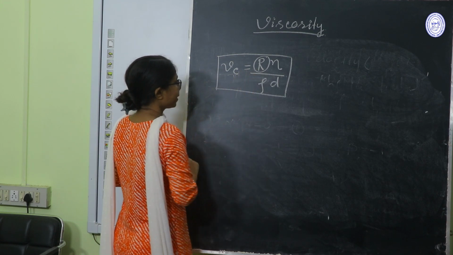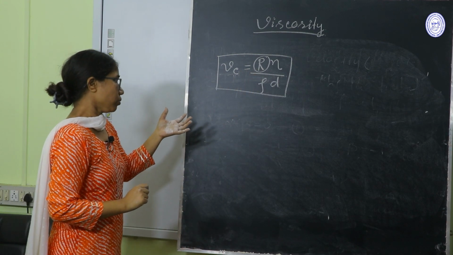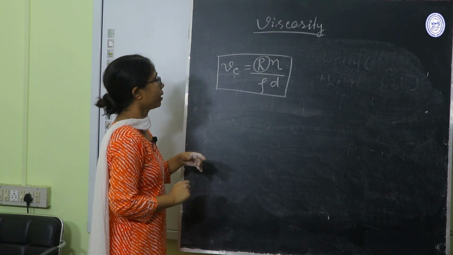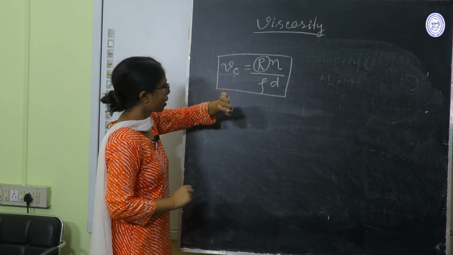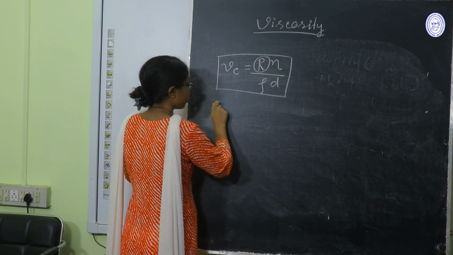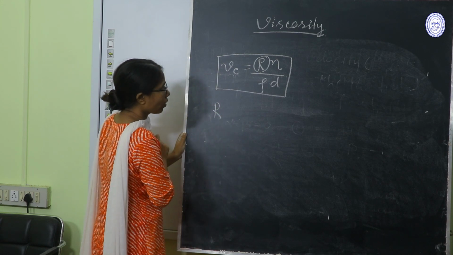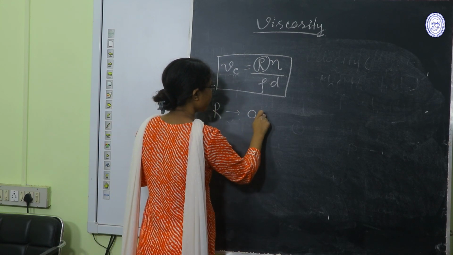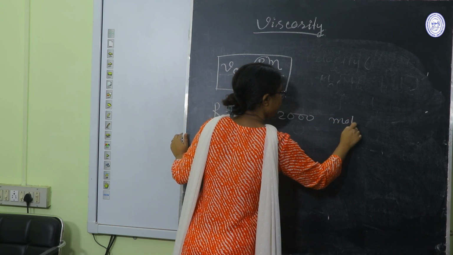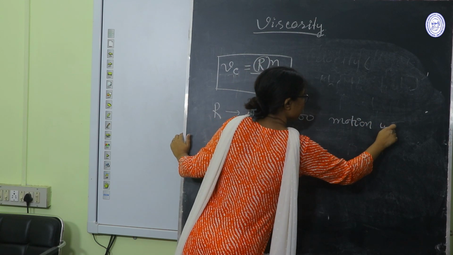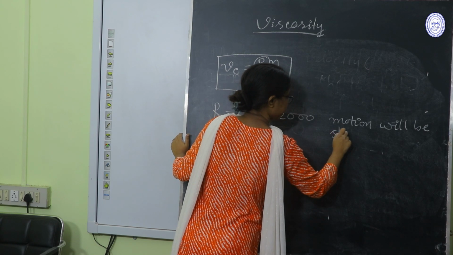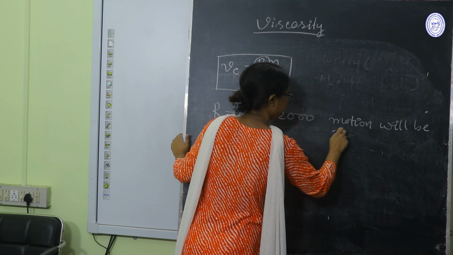It determines whether the motion will be turbulent or streamline. If the value of R is 0 to 2000, the motion will be streamlined or steady.